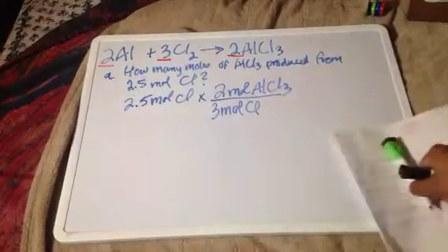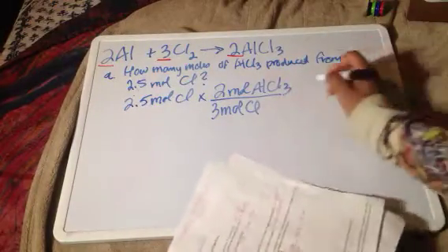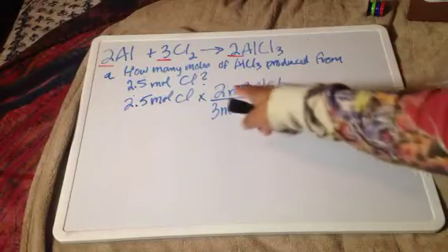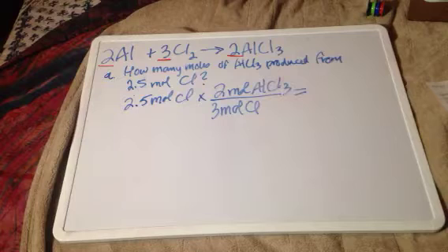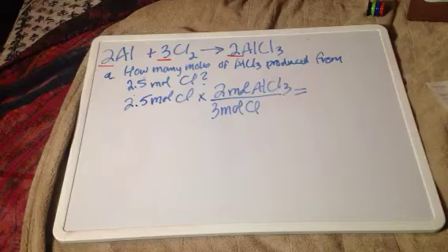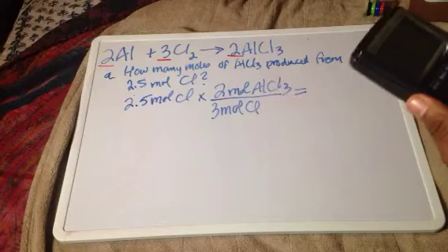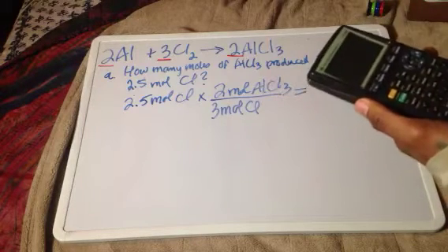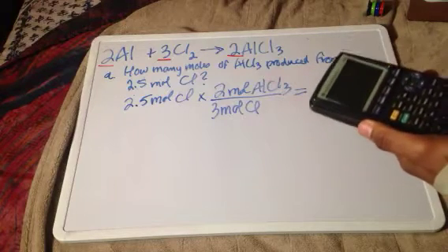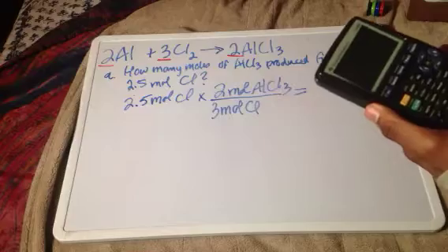Okay? Now, when we do the math on this, we get 2 times 2.5, which should be 5. Let's see. Let's do the math here. 2.5 times 2 divided by 3.